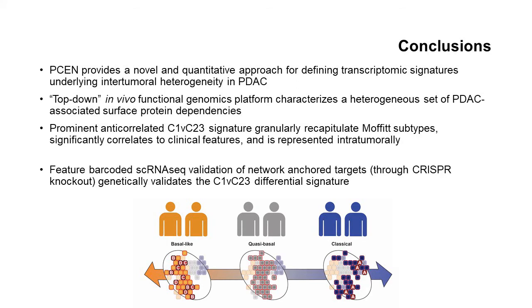Using the top-down functional genomics approach that we have developed within the lab, we're able to further characterize this heterogeneity using surface protein dependencies and downstream targets to understand context-specific vulnerabilities. And we're also able to show that prominent cluster 1 and cluster 23 anti-correlated signatures are able to more granularly recapitulate known subtypes and shed light on the fact that these are not binary subtypes, but rather a continuum that can be affected.